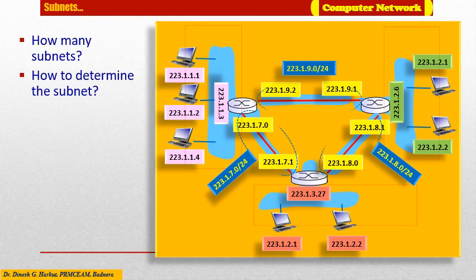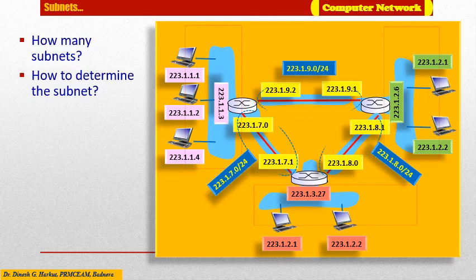Create isolated networks with interfaces terminating the endpoints of the isolated networks. Each of these isolated networks is called a subnet. If we apply this procedure to the interconnected system shown in the given figure, we get 6 isolated networks or 6 subnets.